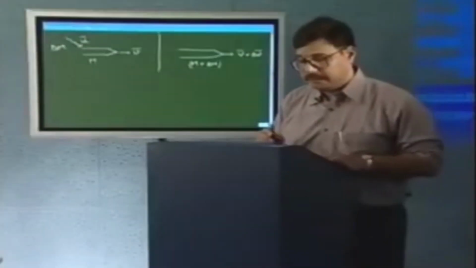Notice that I have taken all quantities to be positive, to keep my calculations simple. I do not have to worry about any minus signs appearing anywhere.